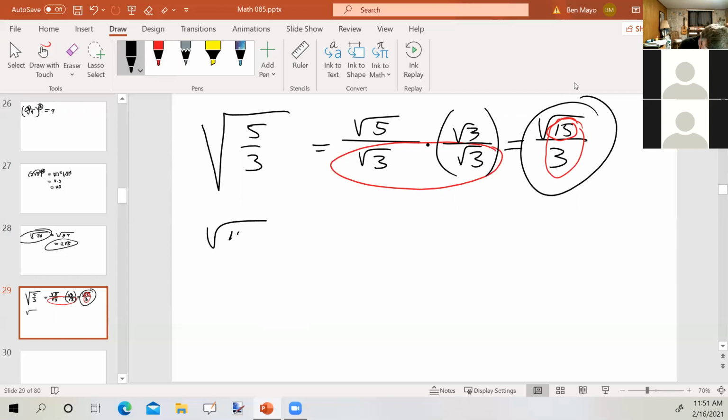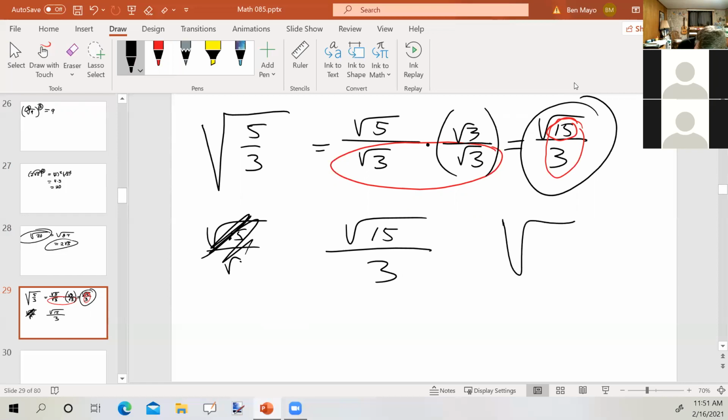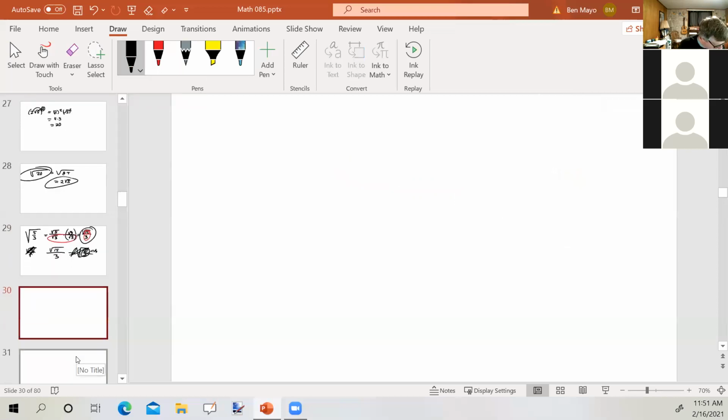Don't confuse this with that. Those are not the same thing. Here, we could reduce that down to the square root of 5. Here, we cannot. So be careful.